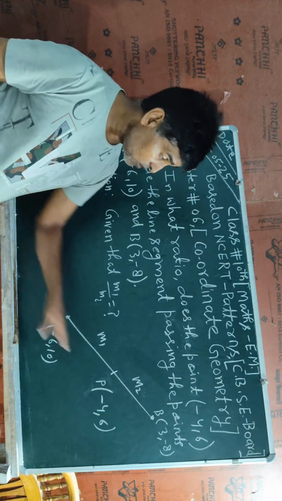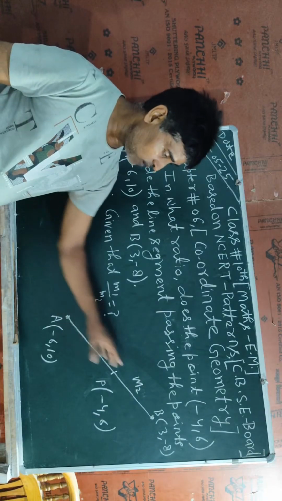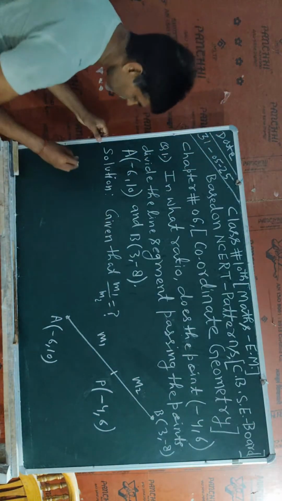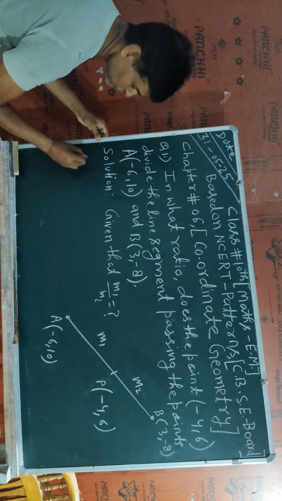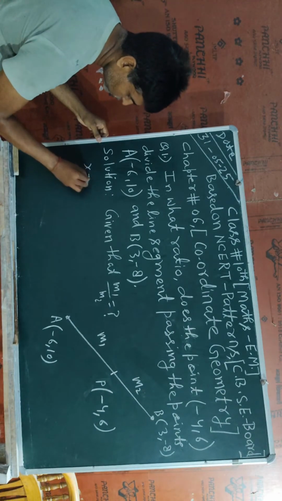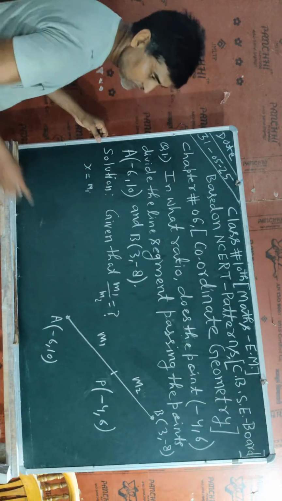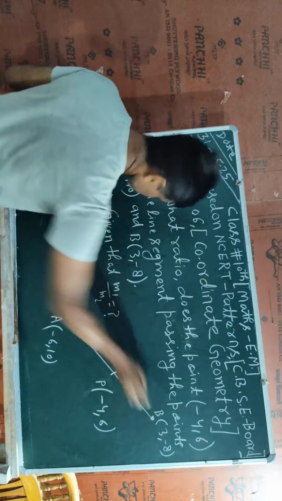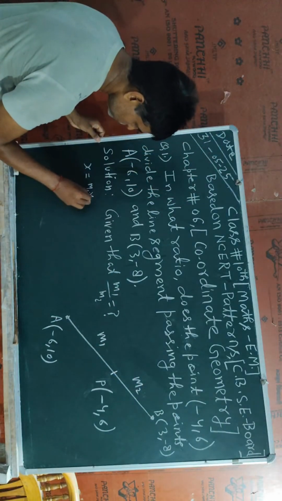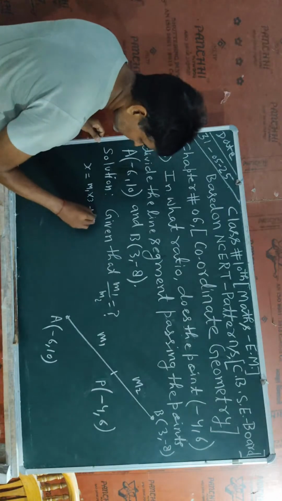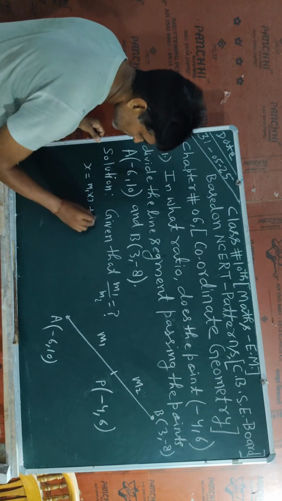Now we have to find the value of m1 divided by m2, so I will use the section formula. By using the section formula, the x coordinate will be equal to m1 into x2 plus m2 into x1.